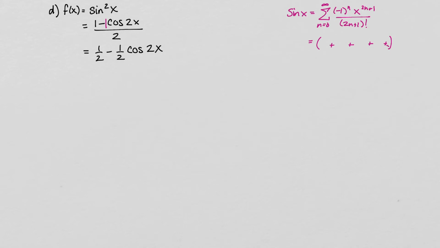And then we know that the cosine of x is the summation n equals 0 to infinity of negative 1 to the n, x to the 2n, all over 2n factorial.